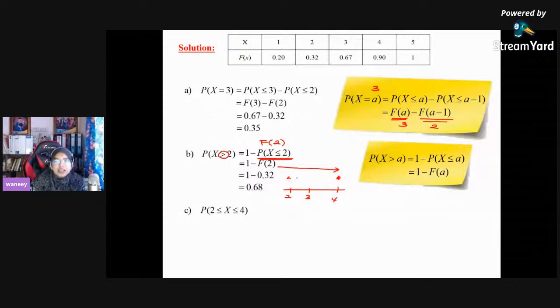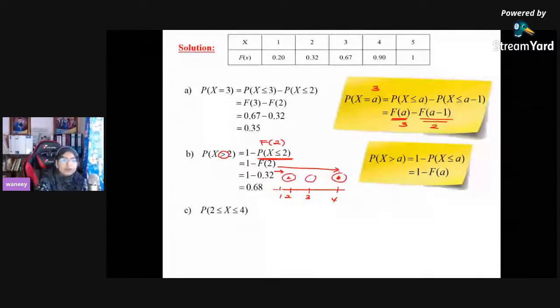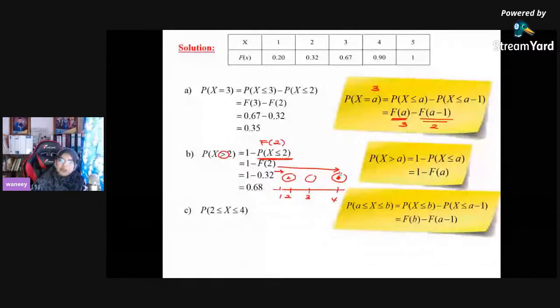And then since I want the 2, I cannot delete the 2. I should delete the 1 below that, which is 1. So from the left side up until 1, so that we can have the 2, 3, and 4. If you refer to the formula, it will become probability for x less than or equal to b minus probability of x less than or equal to a minus 1. So this is Fb minus Fa-1. So this is F4 minus F1.